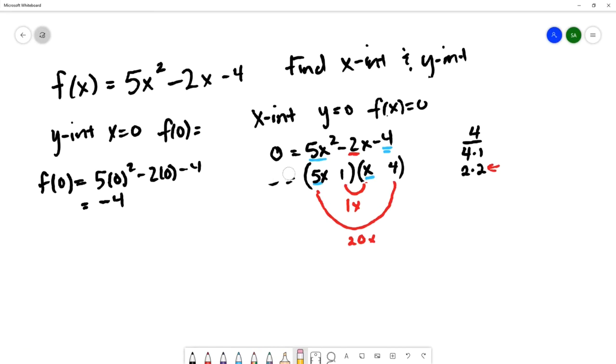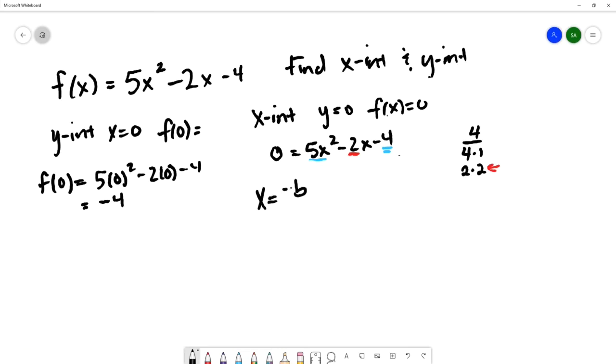So instead of factoring, I'm going to use the method that is guaranteed to work every time when you're solving a quadratic equation, and that is using the quadratic formula. The quadratic formula is x equals negative b plus or minus the square root of b squared minus 4ac, all over 2a.